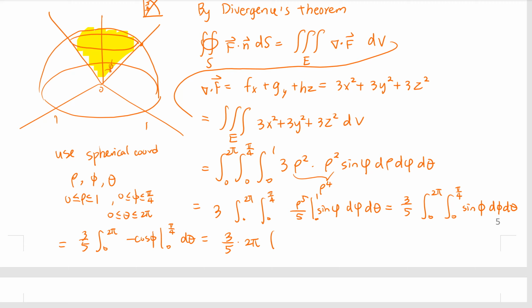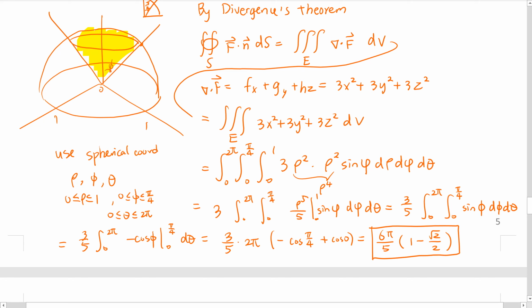And when we plug in, we get minus cosine pi over 4 plus cosine 0. Cosine 0 is 1, minus cosine pi over 4, which is root 2 over 2. So this is our answer. So far, so good, everybody?